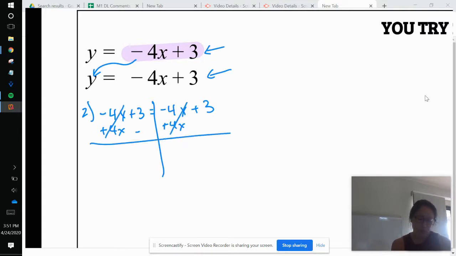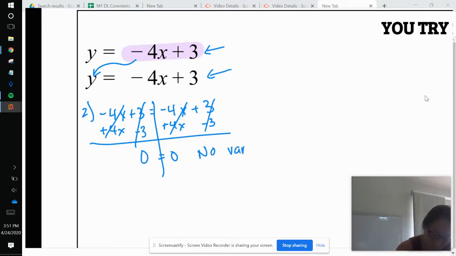And then I'm also going to subtract 3, giving me 0. So I get 0 is equal to 0. No variables left, and the statement is true, so therefore this is infinite solutions.